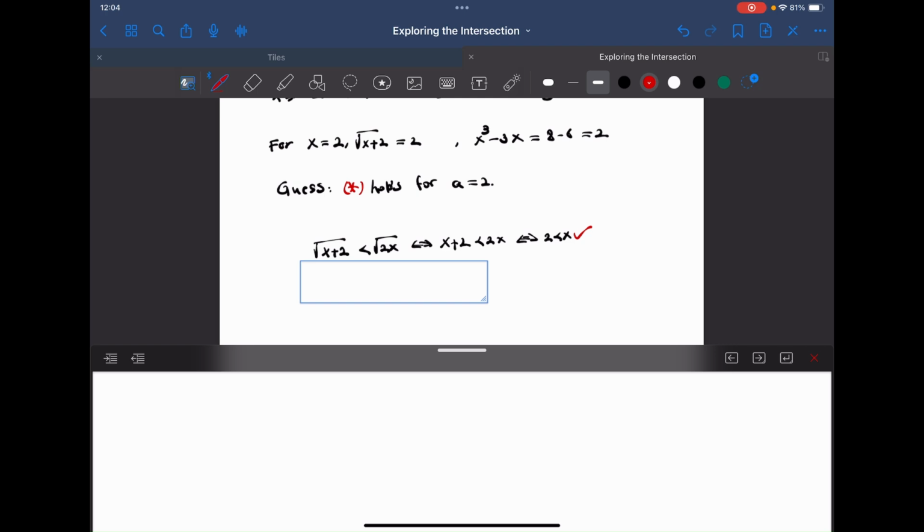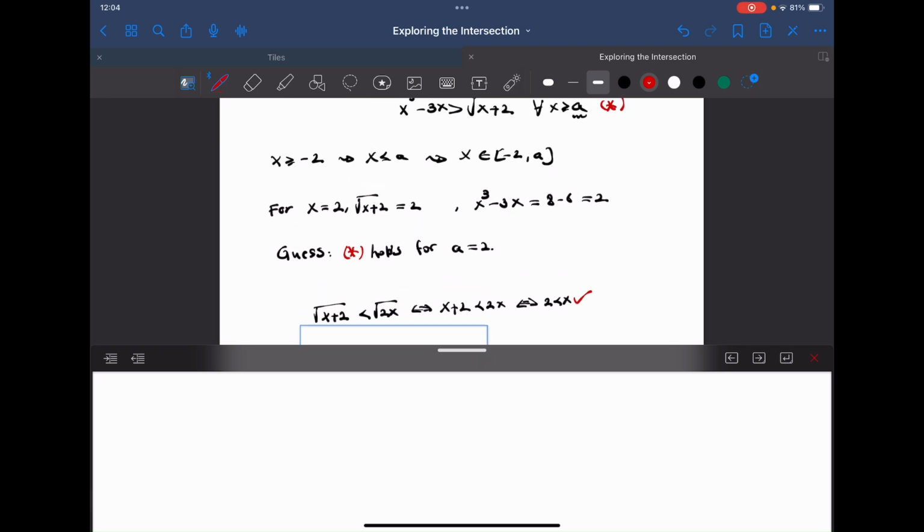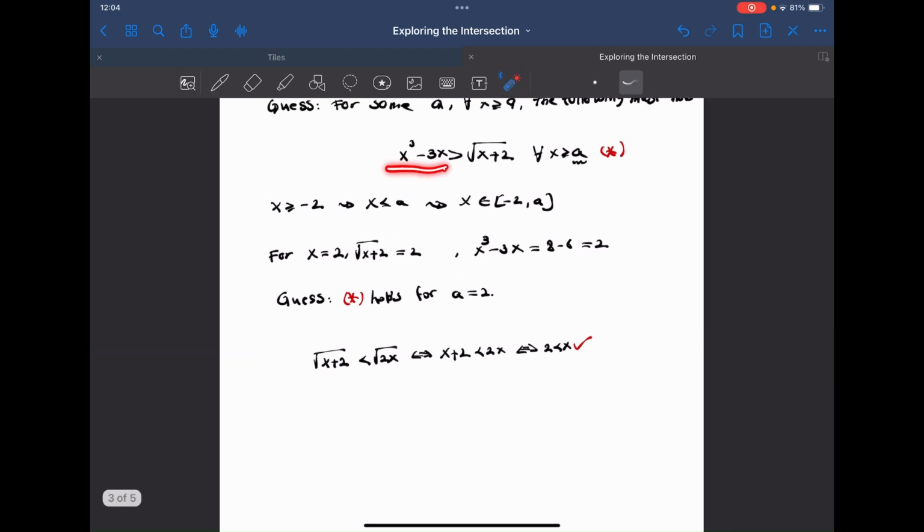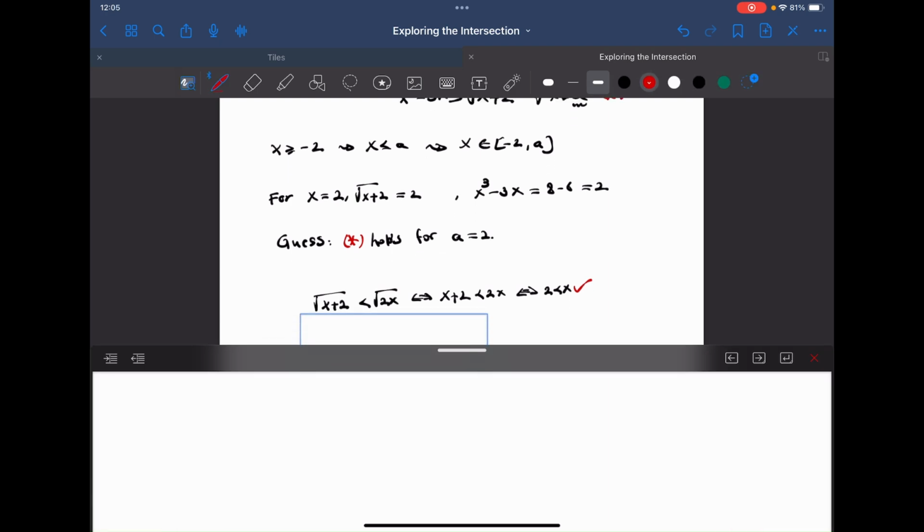Now I want to show that the left-hand side, which is x to the power 3 minus 3x, is larger than root of 2x for x larger than 2. But I can make this one step easier.